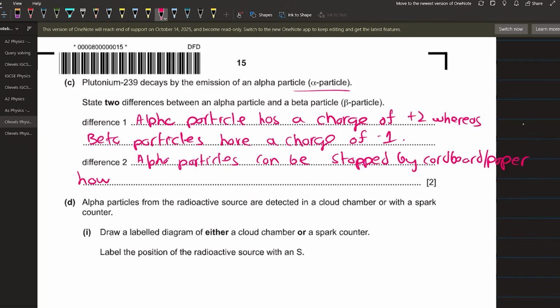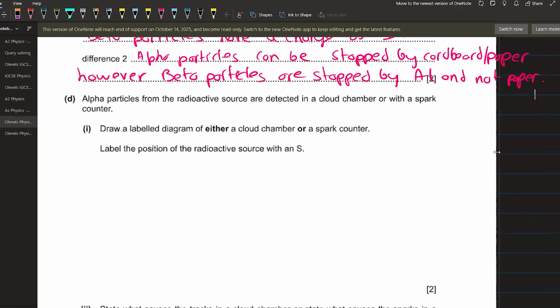However, beta particles are stopped by aluminum and not paper. Easy peasy. आगे बढ़ते हैं.